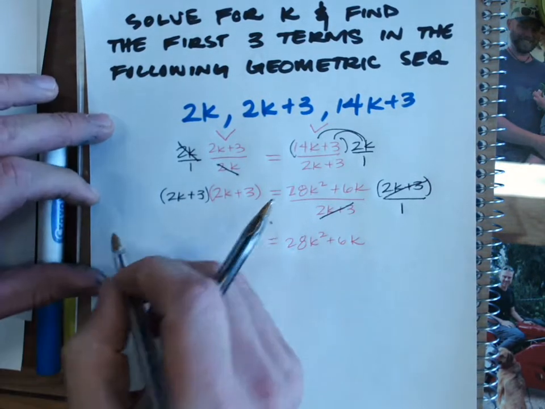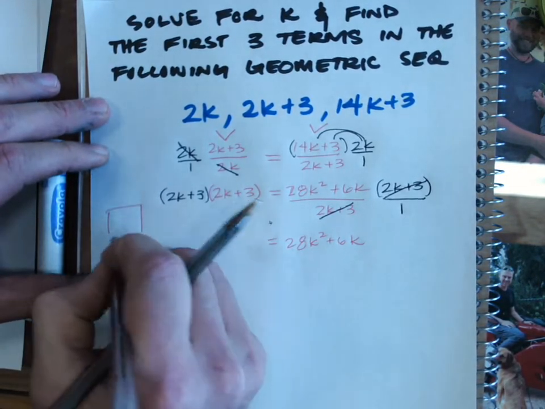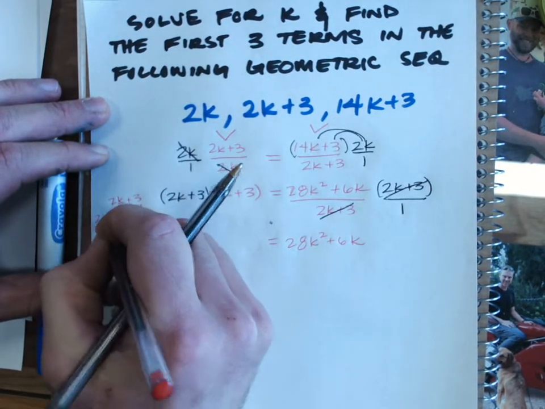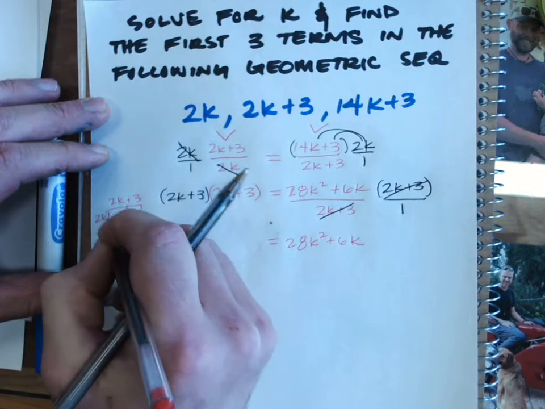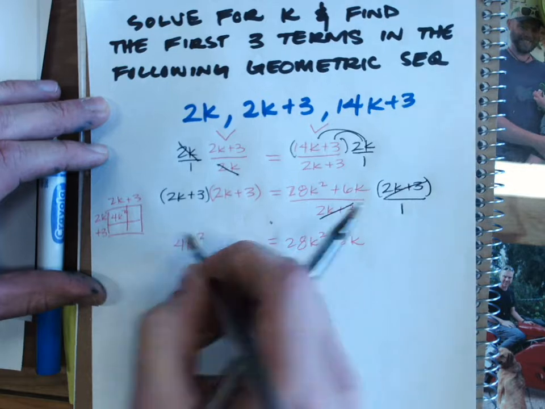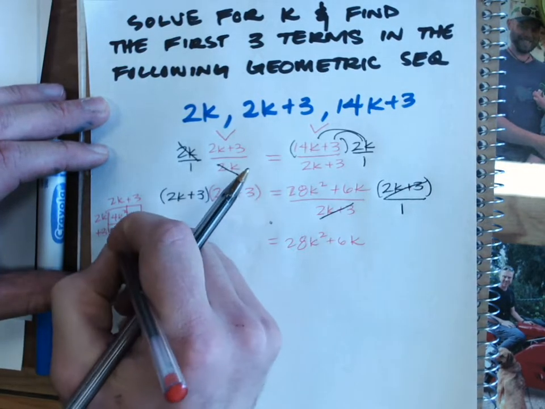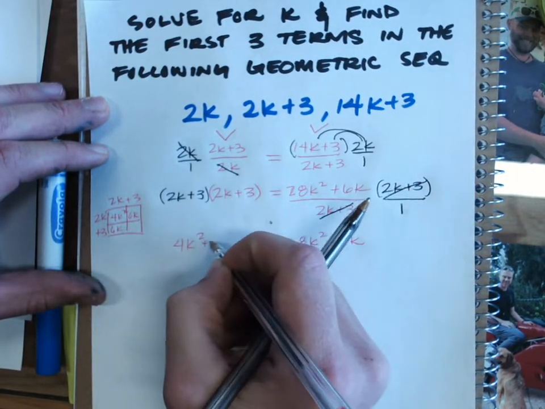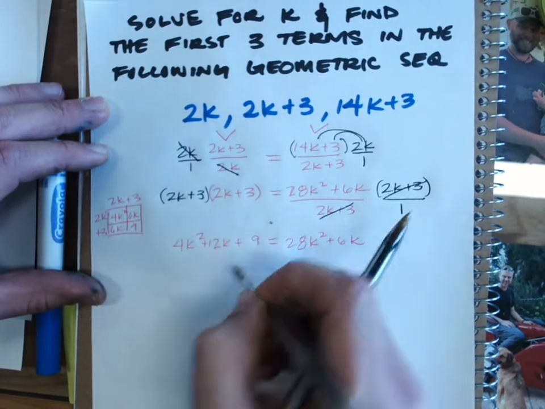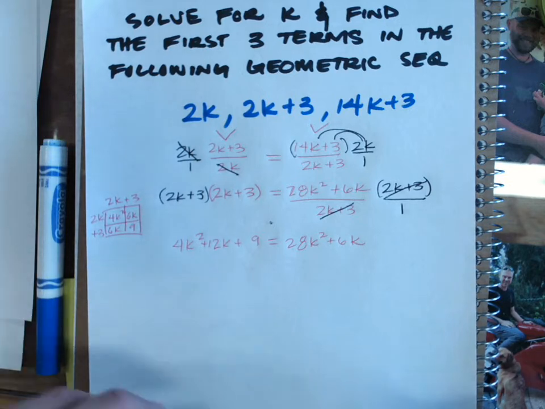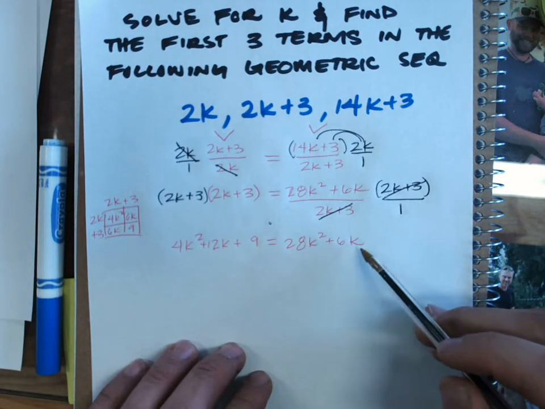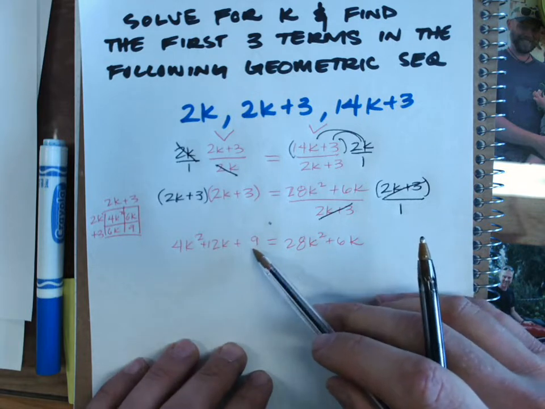Over here, if we just do a little side calculation, box method, 2k plus 3, 2k plus 3, that would be 4k squared. This would be 6k, so with this, it's 12k total, and then 9 is in the corner. Okay, so we are left with a quadratic. We know this because there is one term that is squared and one term with regular k, and then we're left with the number 9.